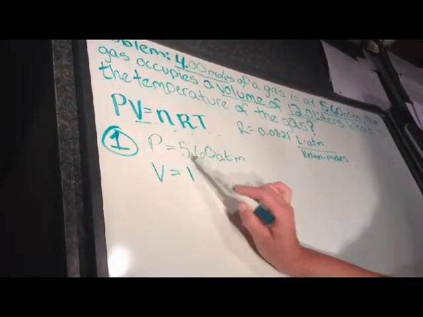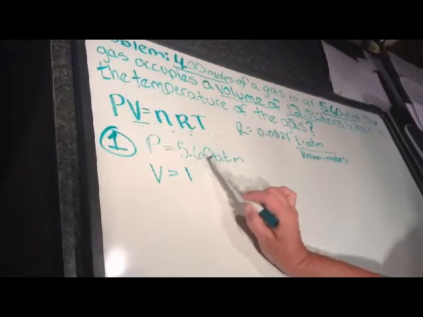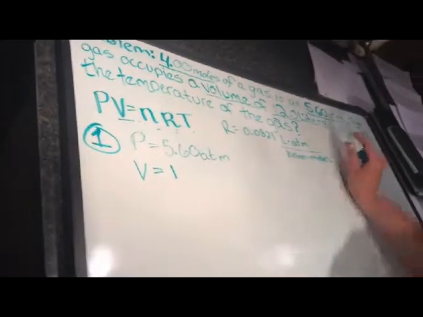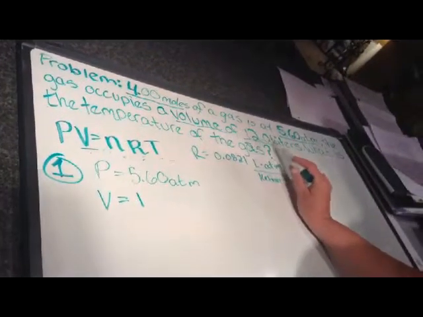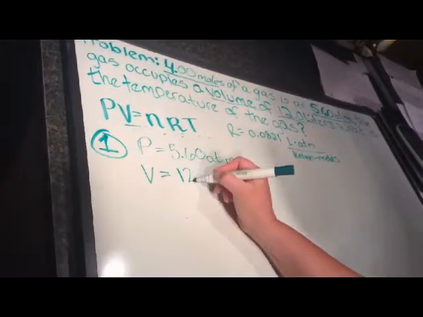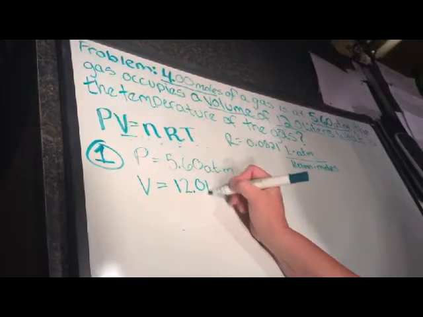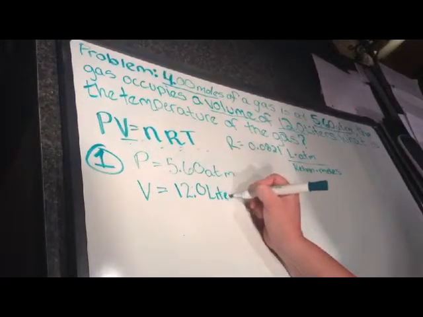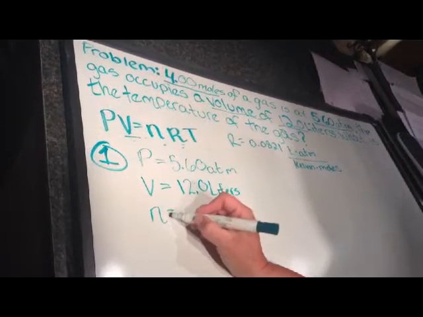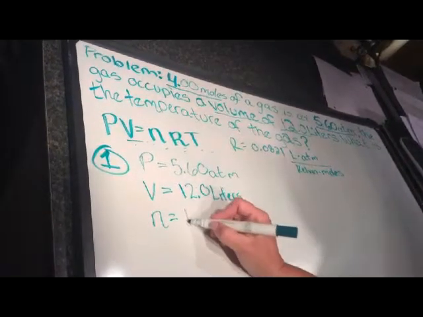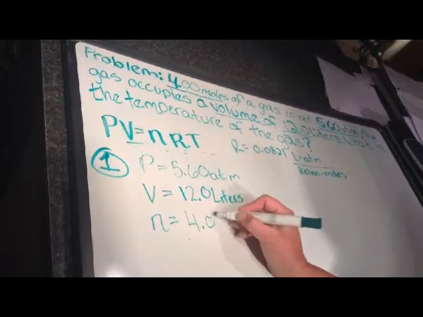P equals 5.60 atm. We're given that in our problem. V equals 12.0 liters. n equals 4.00, the number of our moles.